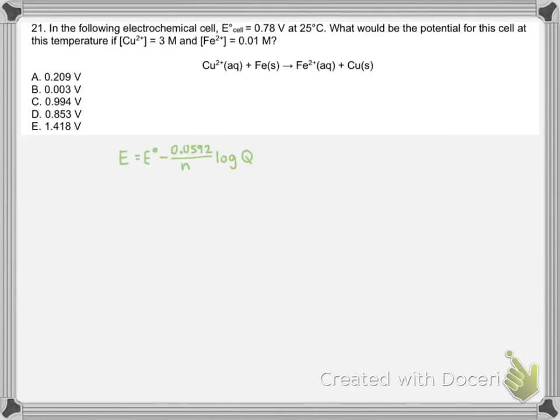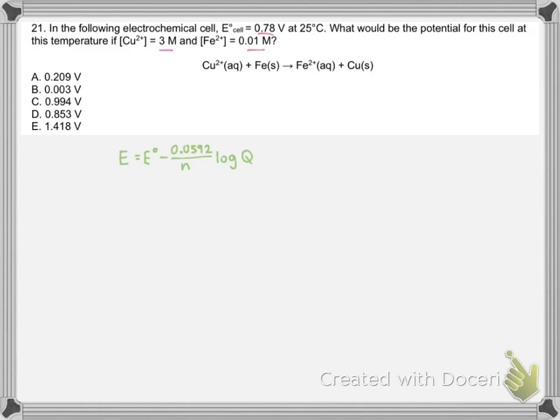In number 21, they want us to figure out the measured cell potential of this reaction given some different concentrations and the standard potential. Since the concentrations aren't 1 molar, we're not at standard conditions, so we can't just use the standard cell.